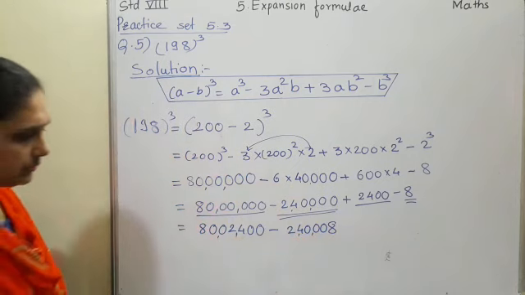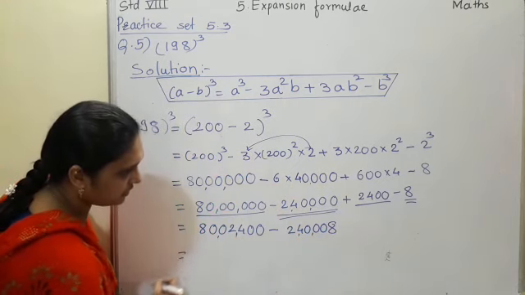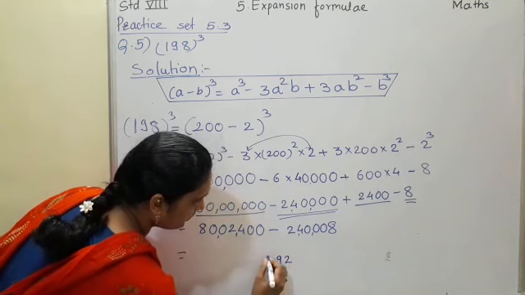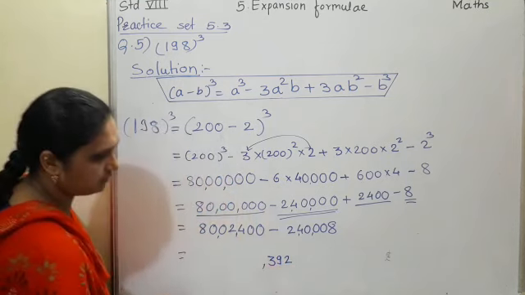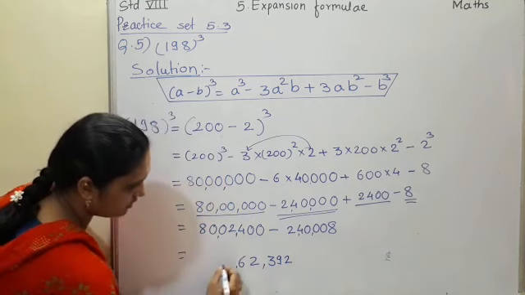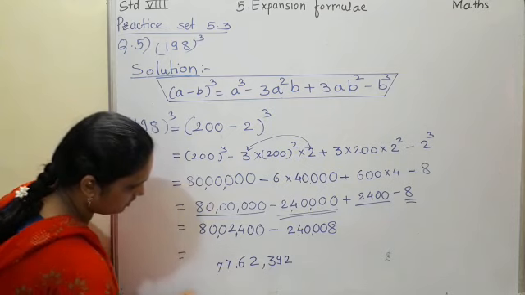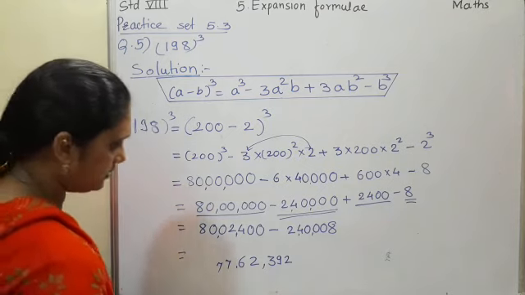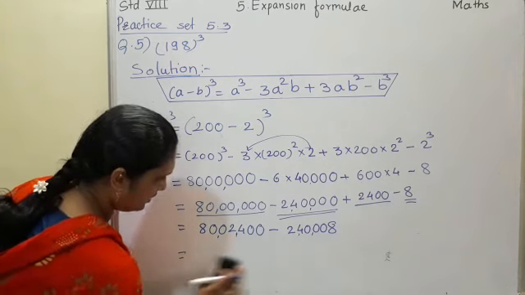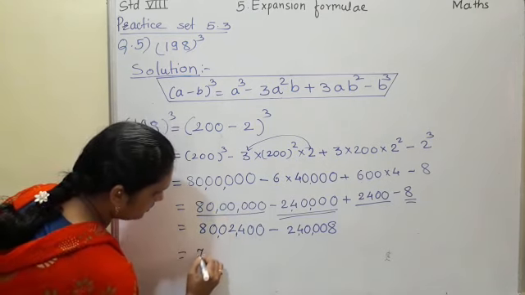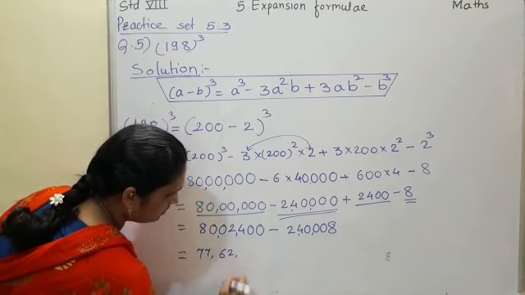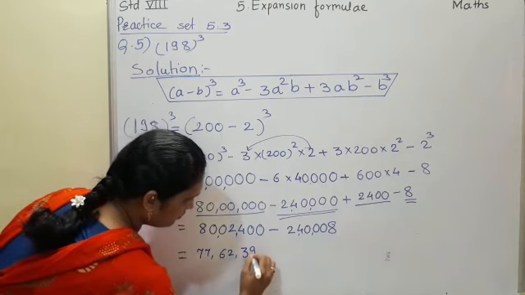Now if I do the subtraction of this, the result is 77 lakh 62,392. So I'll write it here, 77 lakh 62,392.